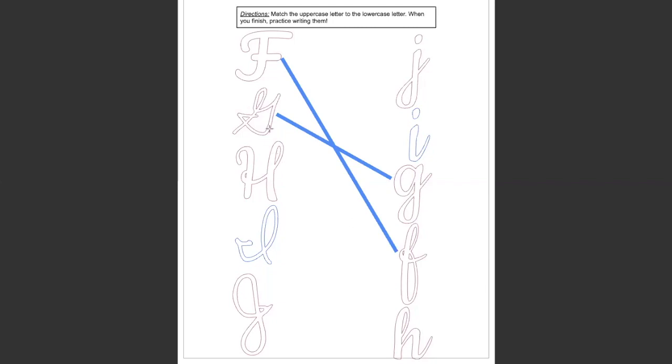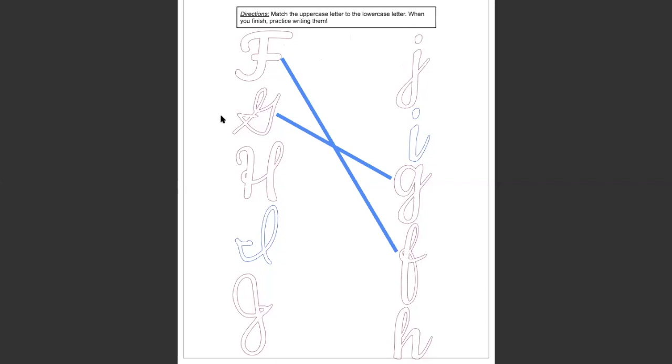The next uppercase letter is the ha, ha. Can you draw a line from the ha, ha to the lowercase ha, ha?